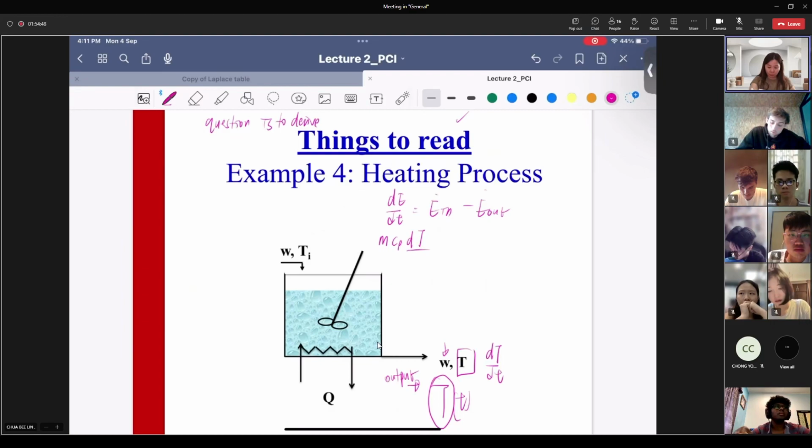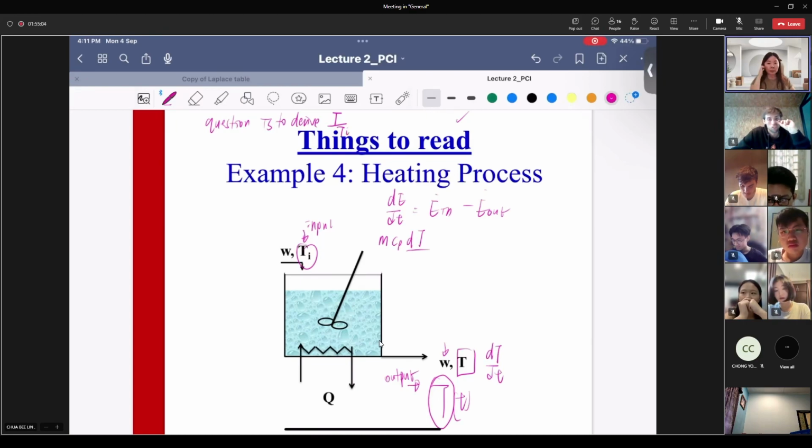For example, this is the input. So the transfer function equals temperature over Ti, the inlet temperature. Let's say this is the input.